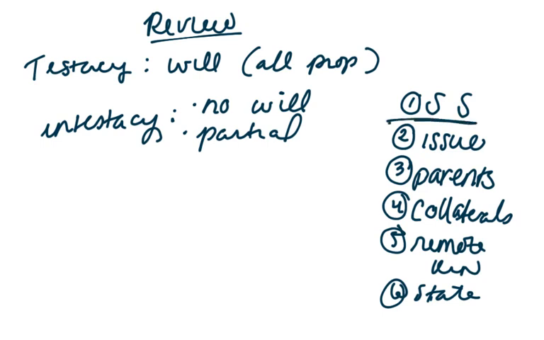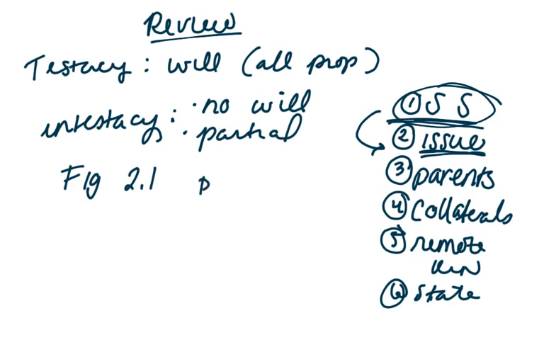We also said that even when there's a surviving spouse, if there are also issue, then that surviving spouse will likely have to share in the estate with the remaining issue. And how much that surviving spouse shares depends on a few different factors. If you open up your book, take a look at figure 2.1 on page 69.